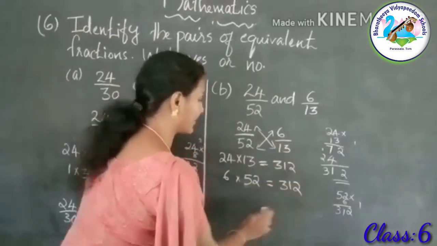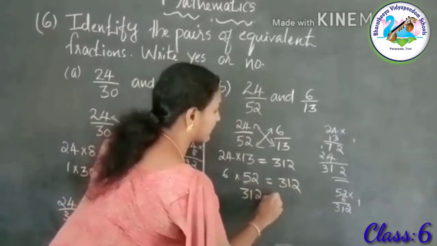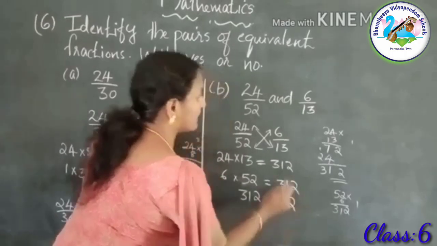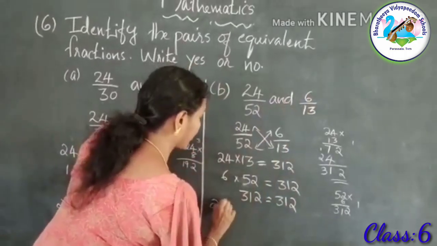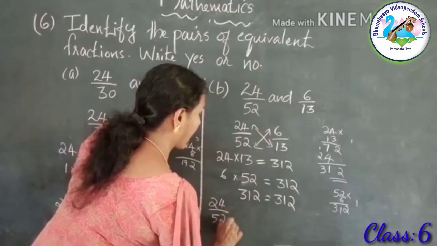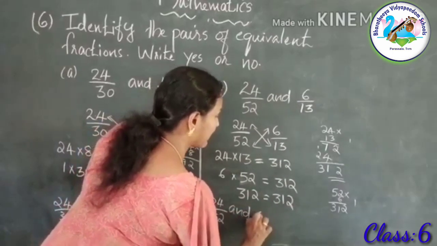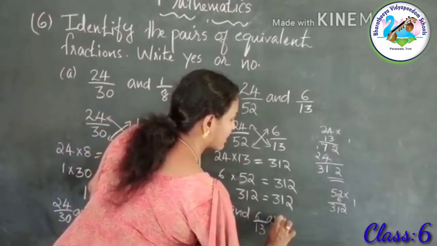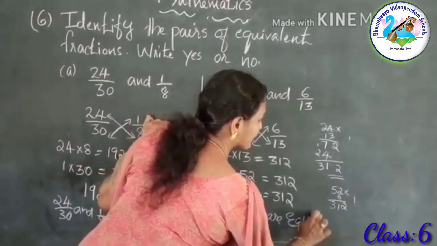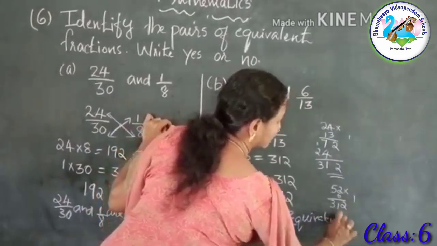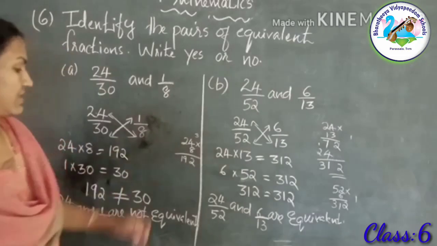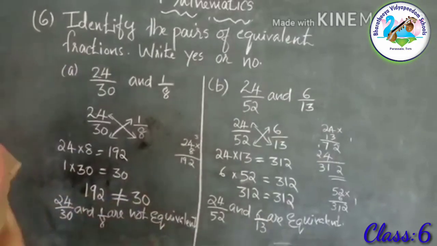The cross products are equal. So 312 is equal to 312. Therefore the given fractions 24 by 52 and 6 by 13 are equivalent. They are equivalent fractions.